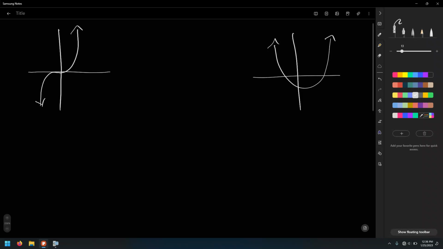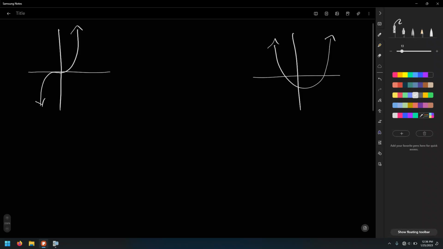Out of these two graphs that actually represent functions, furthermore, we can determine whether these functions are one-to-one or not one-to-one. And that has a lot of implications because whenever we have a one-to-one function, that means the function is invertible.